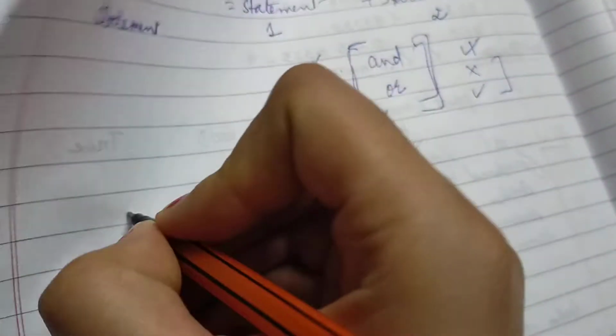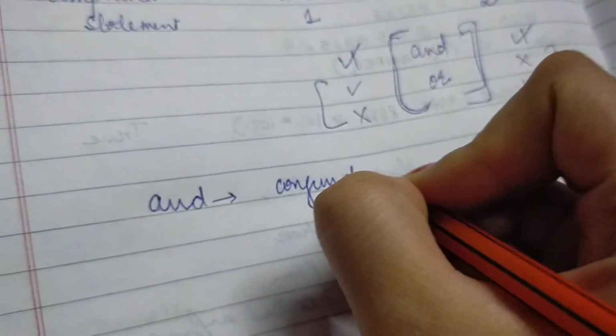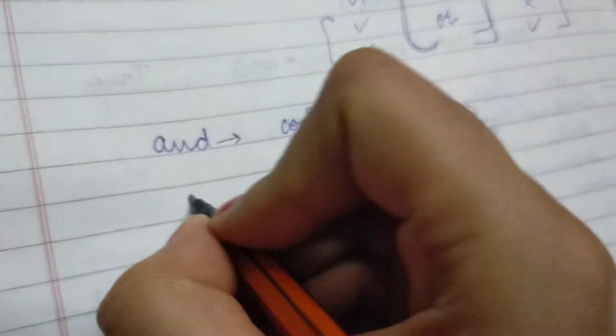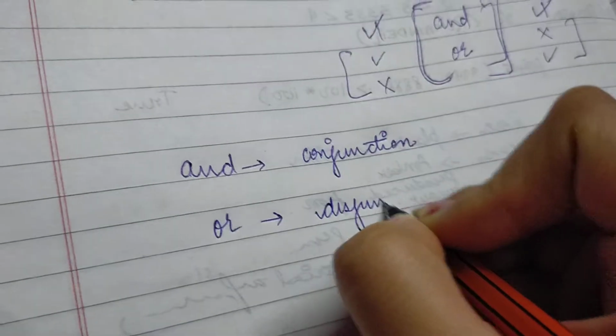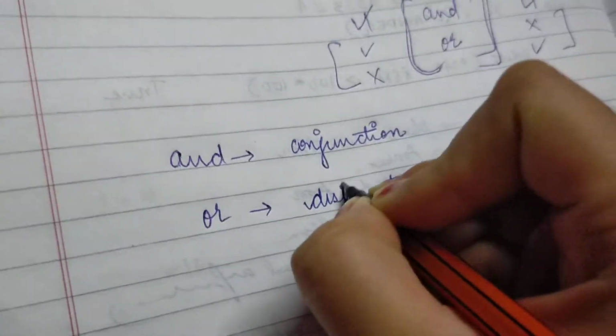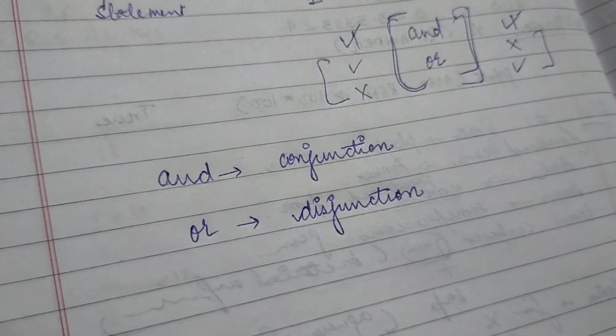Basically, and is a conjunction, or is basically a disjunction.